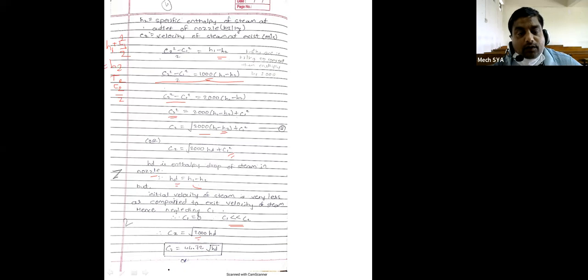Here HD means, if you don't want to replace it, C2 is equal to 44.72 into square root of H1 minus H2. Here C2 is in meter per second, H1 and H2 are in kilojoule per kg.